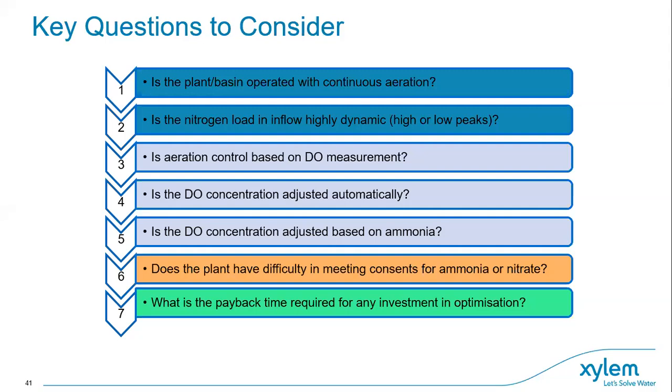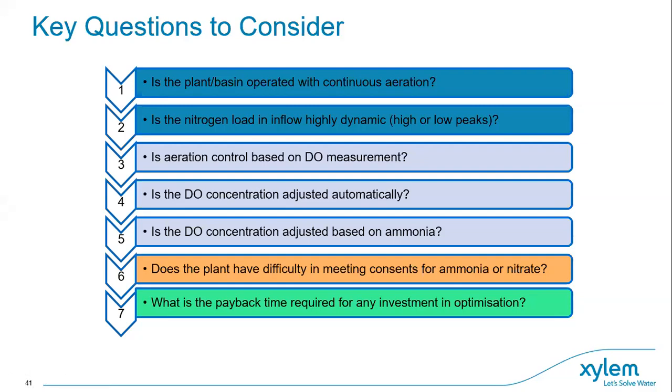A couple of questions and thoughts that we have within Xylem when we're looking at control. Are we looking at continuous aeration? Are we using a different process, say a sequencing batch reactor, that will at times change our outlook on what to measure and how to measure it?